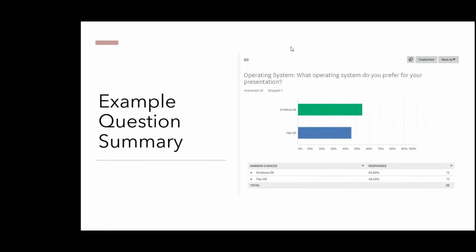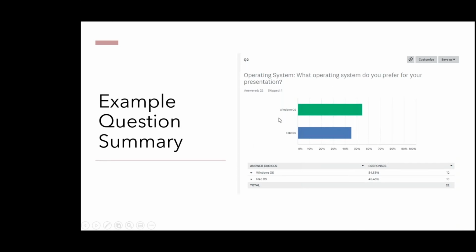So if you were to click on question summaries, you'd get a page where you can look at each one of your questions, and there would be either a bar chart or some type of graphic summarizing your results that's appropriate to the question format that you used for that question, as well as a nice table below showing you the frequencies and percentages for each of the response values.